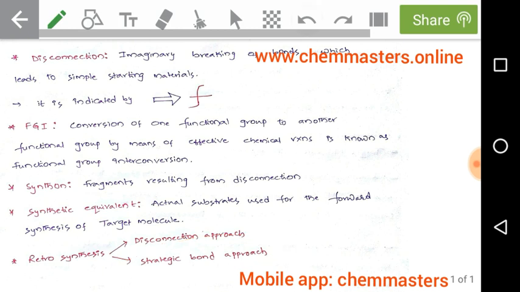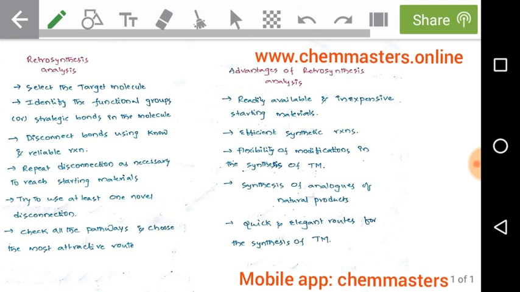Before that, how to proceed with retrosynthesis and what the advantages of retrosynthesis are, we can see in this slide. In retrosynthesis analysis, we need to select the target molecule and identify the functional groups or strategic bonds in the molecule.